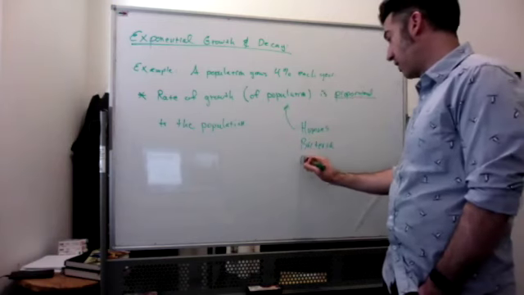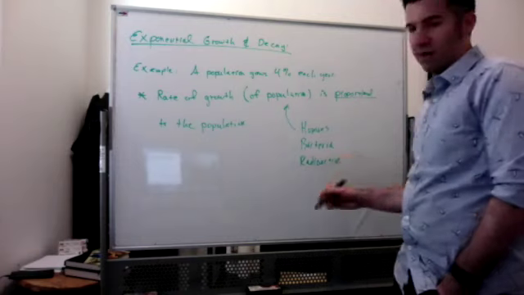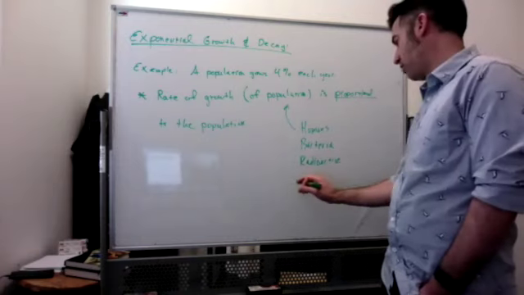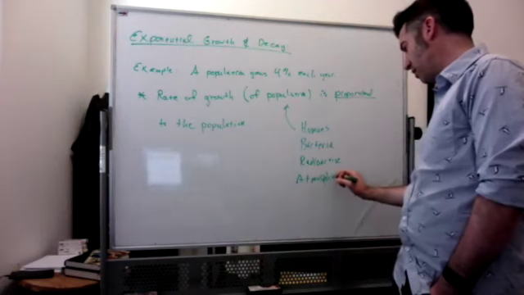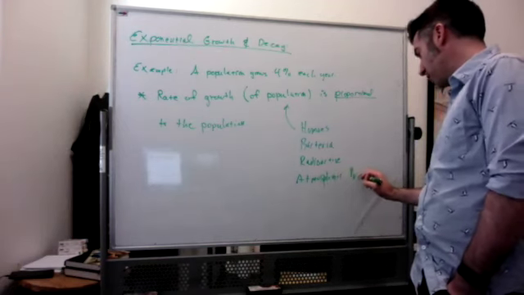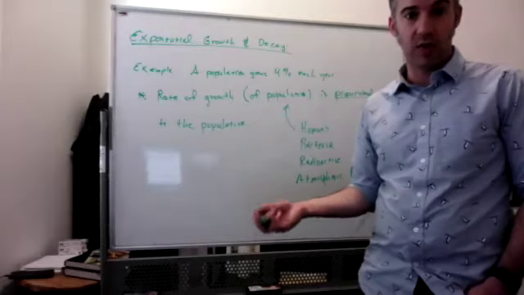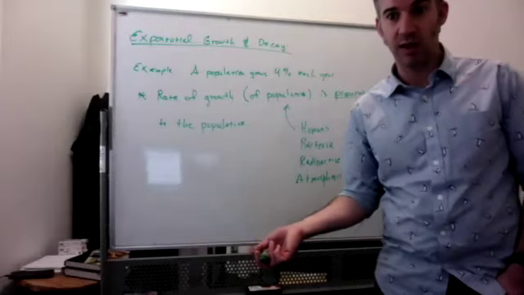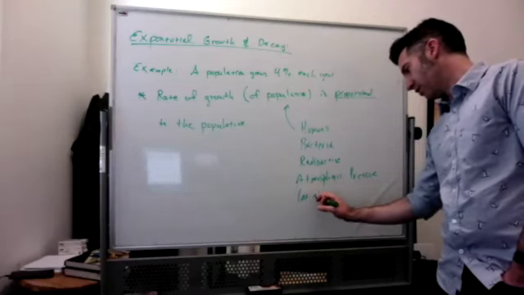You can have radioactive substances. We can talk about animal populations. We can talk about atmospheric pressure. That's one that I will never really talk about, but definitely comes up in 17A for sure. There are lots of things that grow exponentially or decay exponentially as things change. Atmospheric pressure as elevation changes, I should say.